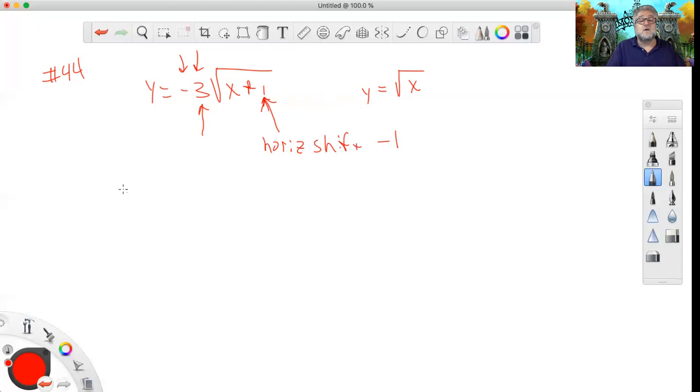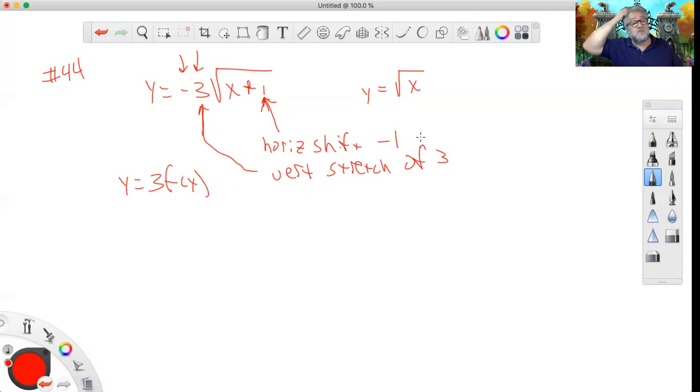So that's like y equals 3f of x. And so that one is going to be a vertical stretch of 3. The vertical stretch factor is 3. And then lastly, the minus sign. What did that one do? Let me look here and make sure I get it right. So that's going to give me a reflection about the x-axis.